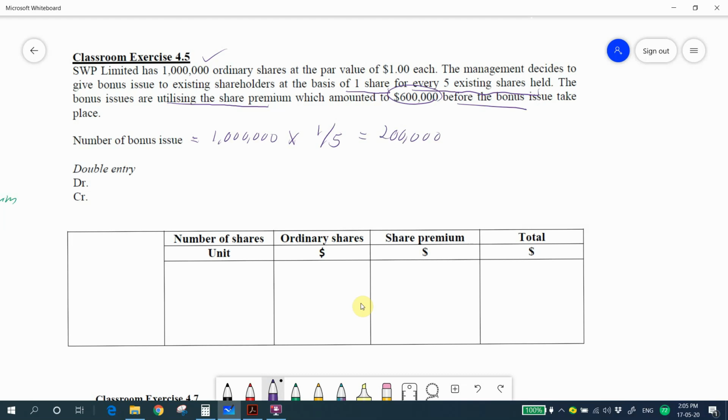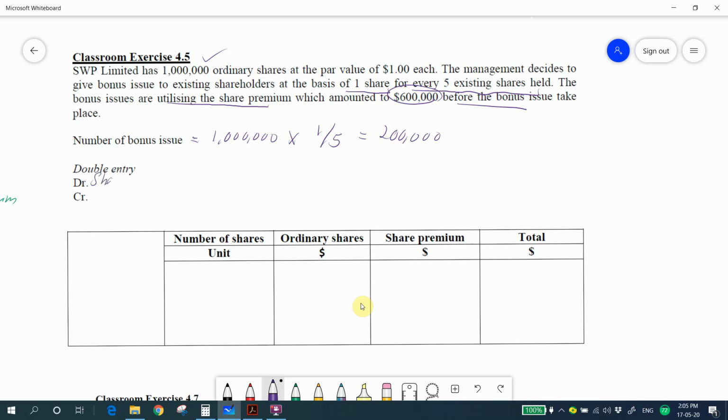So normally when we issue share, we debit bank or debit cash, right? So in this situation, we cannot debit bank. Why? Because we did not receive anything. So basically bonus issue is transfer the share premium to the ordinary share. So the double entry will be like this.